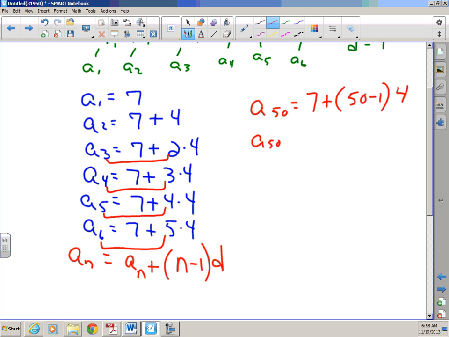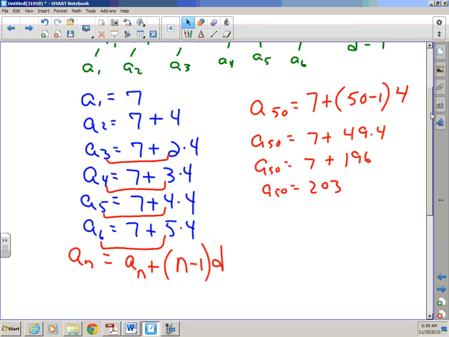So A sub 50 is equal to 7 plus 49 times 4. All I'm doing is writing a rule that will allow me to find any number in this sequence without having to find all of the other ones before it. It's 49 times 4, which is 196. So the 50th number in this sequence is 203.